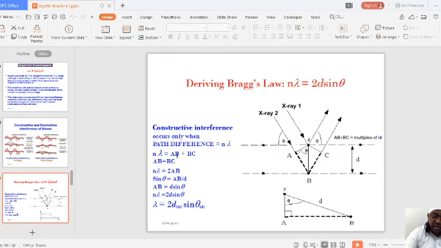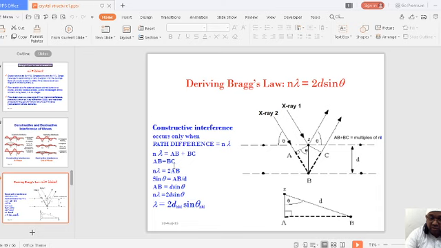So, again I'm repeating, n lambda is AB plus BC. AB is equal to BC, and n lambda is equal to 2AB. You can get the AB value from this figure. We have taken this right angle triangle. You get two right angle triangles: this is one right angle triangle and this is another. I've taken this right angle triangle in order to get the value of AB.